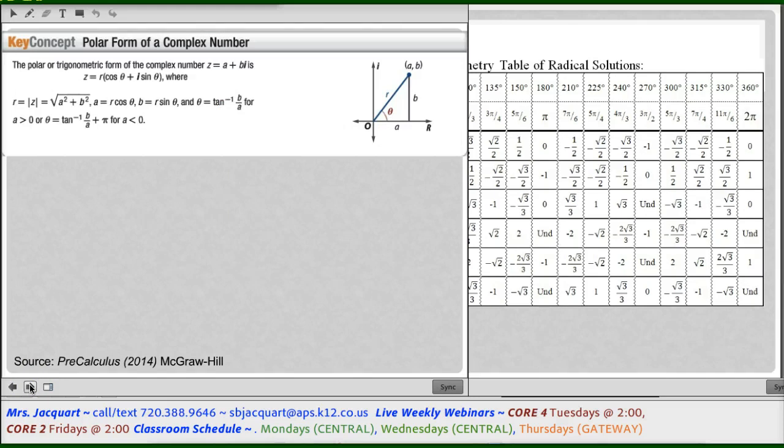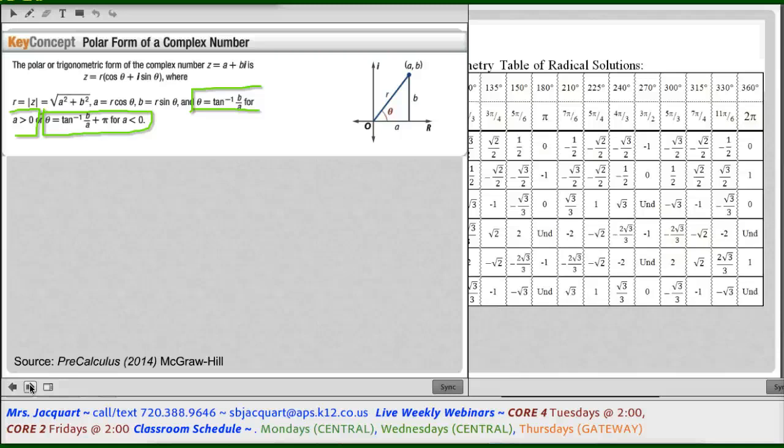Okay, so pause and read this stuff. Key part is for a greater than 0 or a less than 0. And we have to determine where our tangent is, okay?